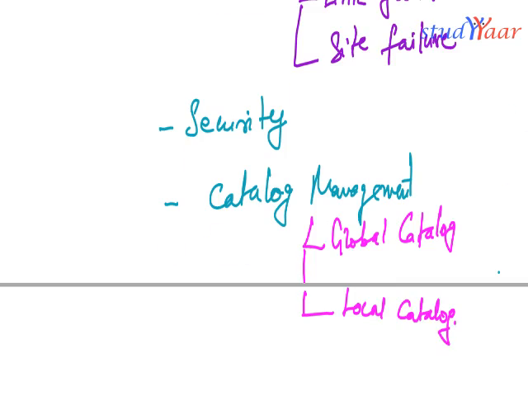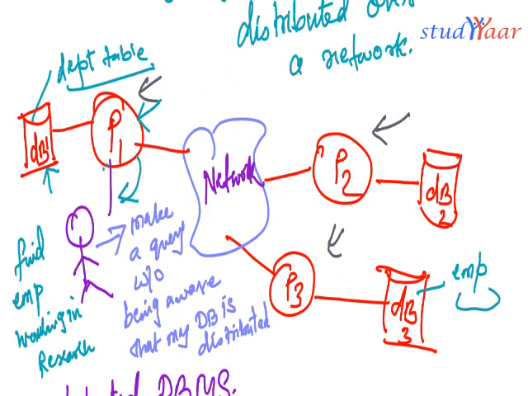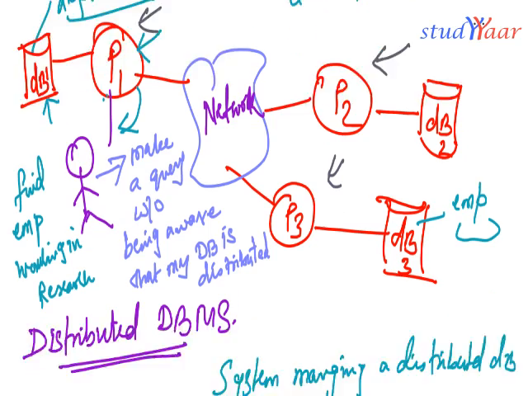So what is this? Let's come down to this figure. My global catalog is going to tell me what is located at P1, what is located at P2, what is located at P3, and so on and so forth. While my local catalog is going to tell me how the elements located at P1 are related to each other. It is going to contain information regarding the database at P1 only, while my global catalog contains information about all the databases and how they are stored.